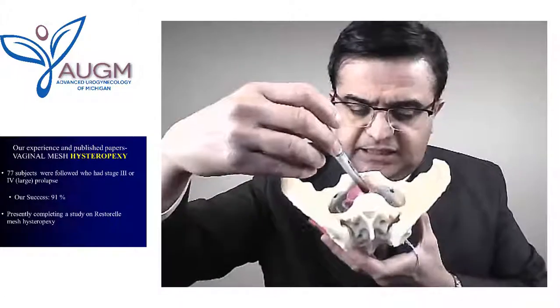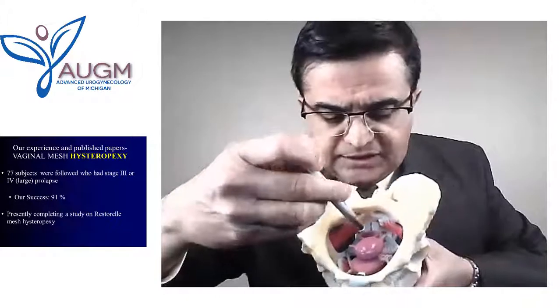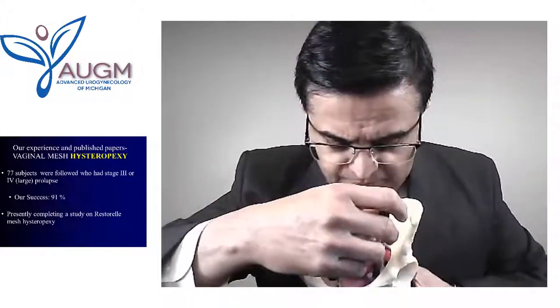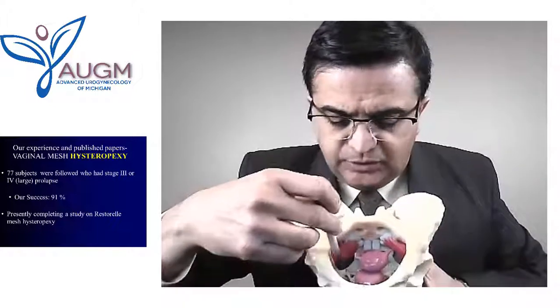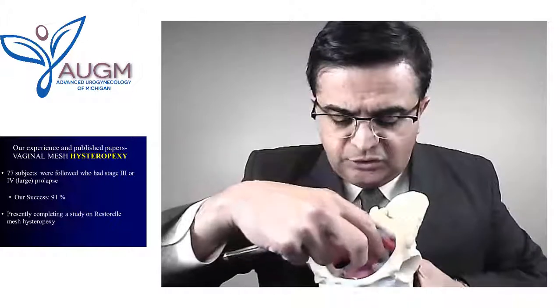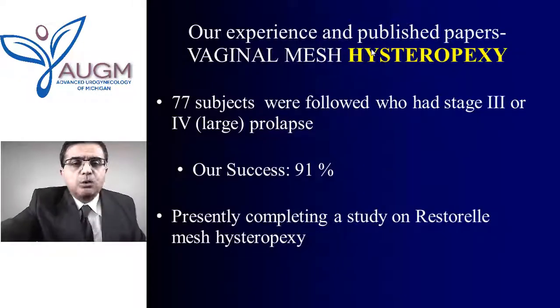This is the front, this is the back. I hope you can see this, but this is the uterus, and these are the mesh arms that go from the uterus and attach to the tailbone ligaments. So that's how you support this. There is no need to take this fellow out. Just leave him in, and it stays in.